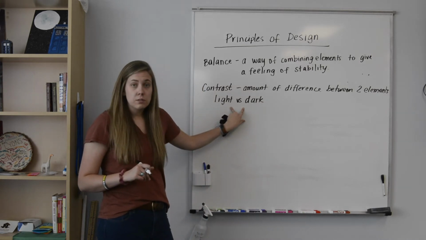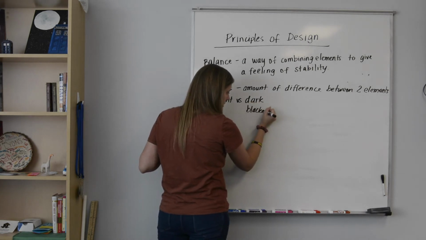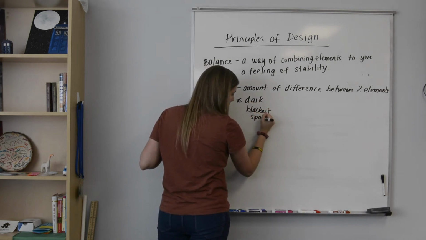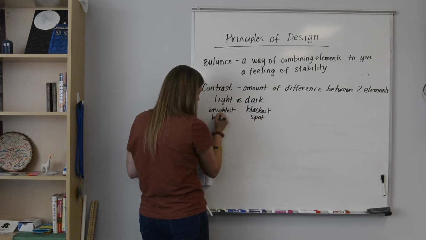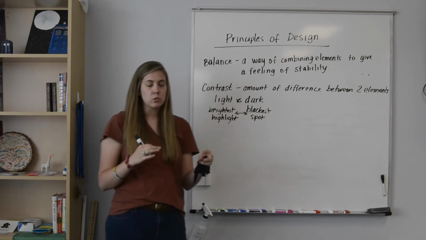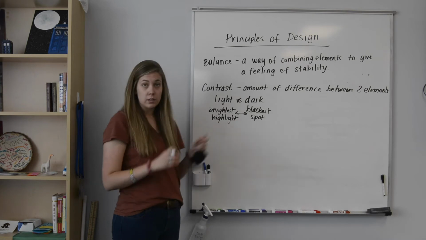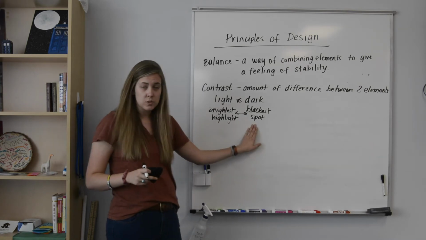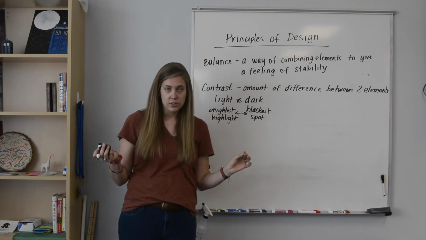The bigger the difference is between the blackest spot and the brightest highlight, that describes your contrast. If there's a really big difference, if your brightest spot gets pure white and your darkest spot is all the way black, you have high contrast.